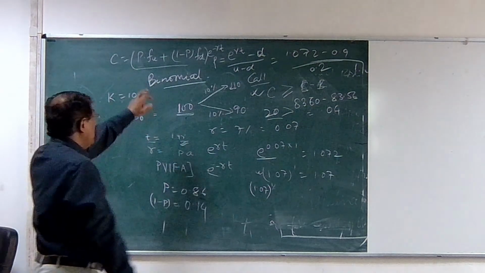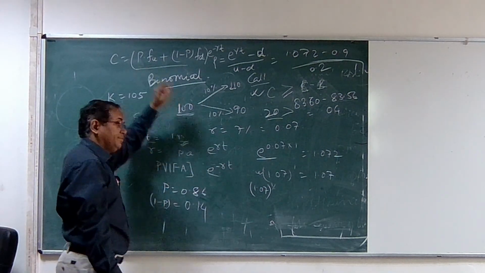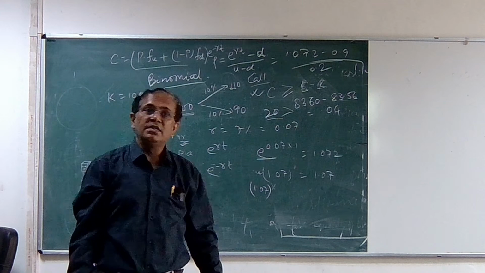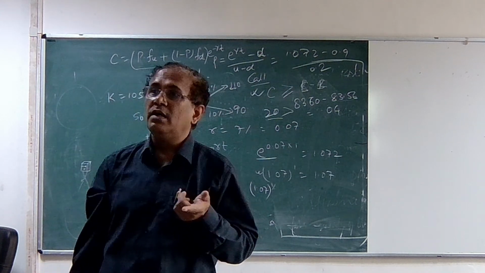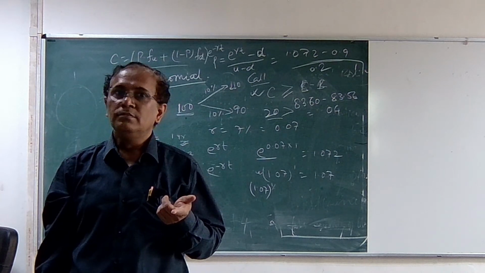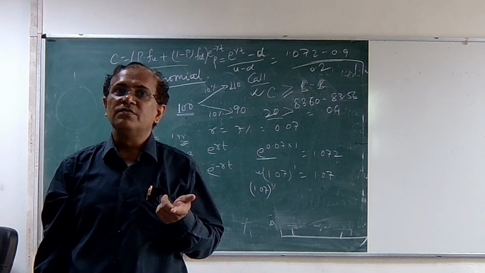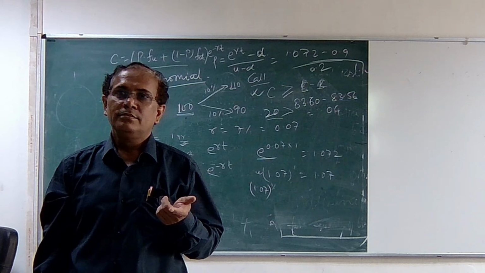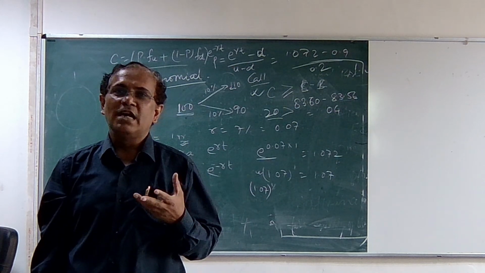P is the probability, Fu is the intrinsic value when there is upward movement, Fd is the intrinsic value when there is a downward movement. And intrinsic value means the value of the option. So, how to decide what Fu is going to be?